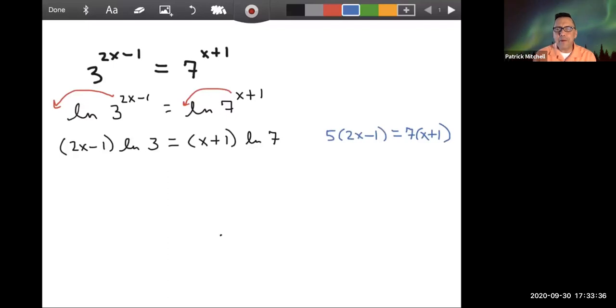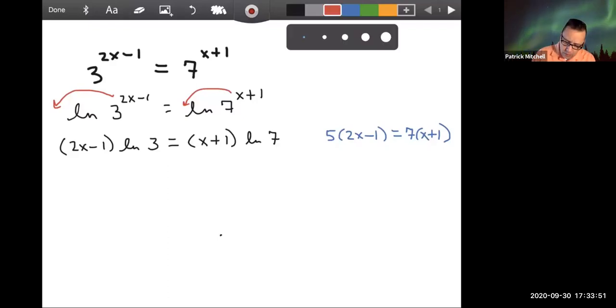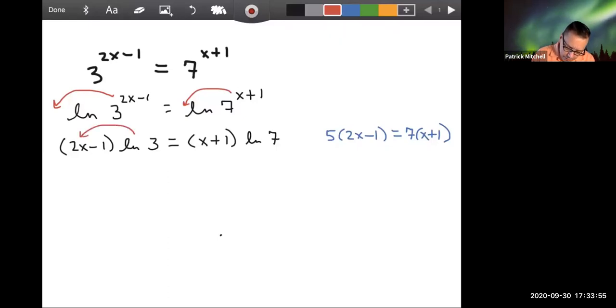And then it makes the problem seem not so terrible. So if it was that nice, pretty blue equation, what I would do first is distribute the 5, distribute the 7. So that's exactly what I'm going to do with natural log 3 and natural log 7.